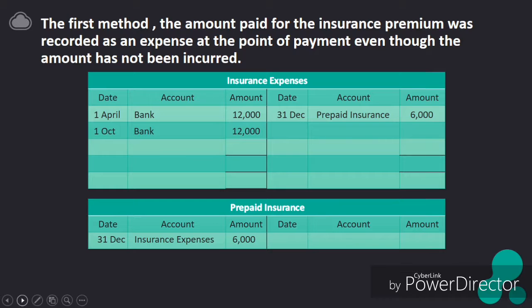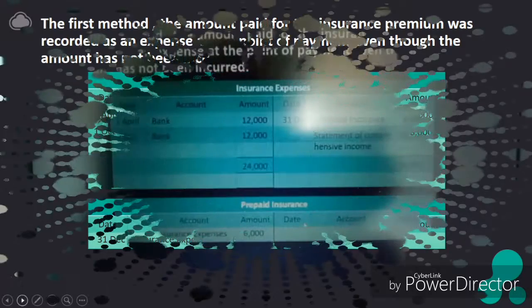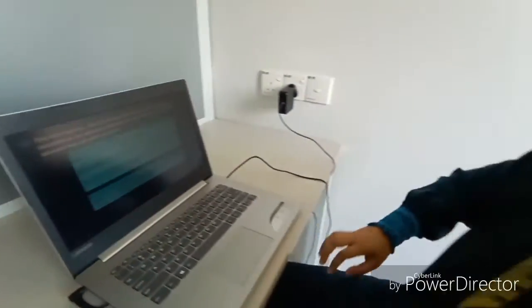Next, we will record the insurance expenses amount 6,000 in the prepaid insurance account on debit side as it is an asset. Next, we have to balance the insurance expenses account. The balance of this account will be posted to the statement of comprehensive income, known as statement of profit and loss. So that's all for the first method.